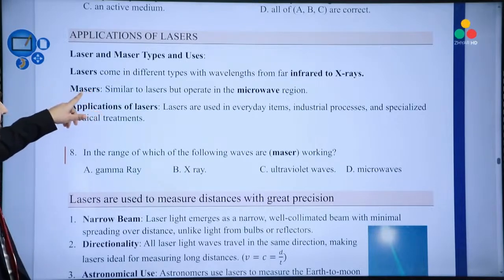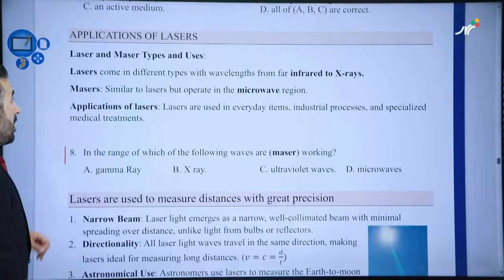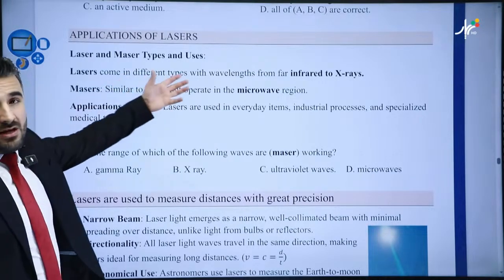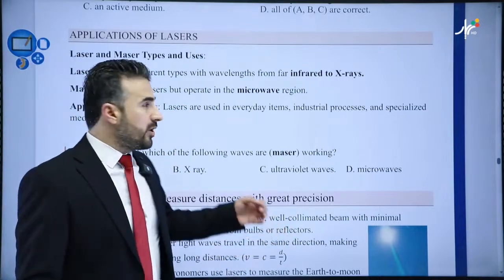So always remember this: if it is a laser, that is light. If it is a maser, they might ask you what region masers work in.